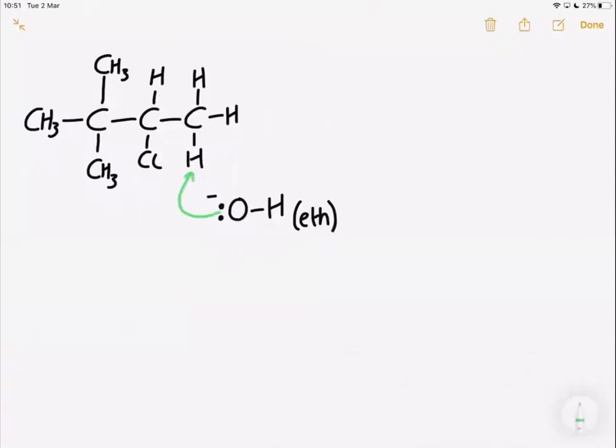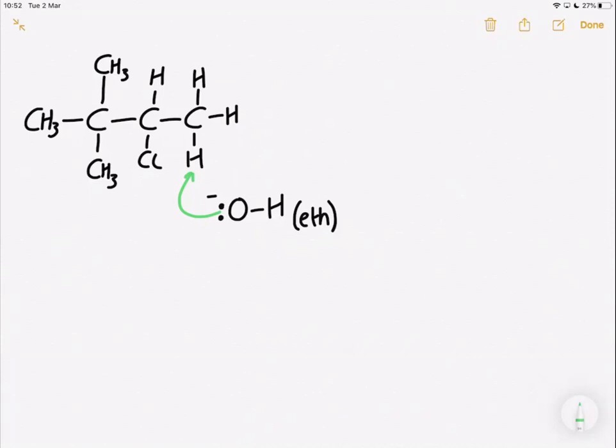It's going to take away a proton. Now, that's the first electron pair movement. And what that does is form a water molecule.